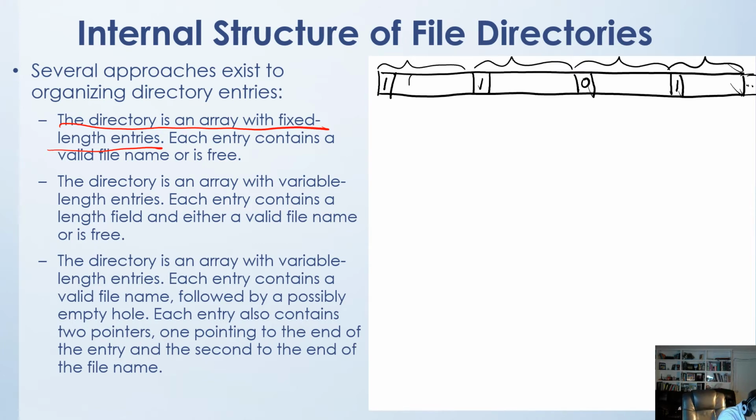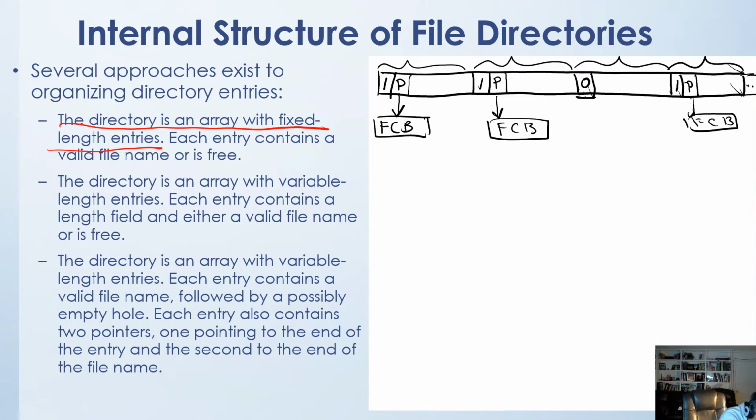So here we have a pointer, we have a pointer, and we have a pointer. Now this one, because it's not occupied, it's 0, so it's not occupied. So then this is going to point to the file control block, which contains all the attributes, and this is going to point to its own file control block. And file control block.